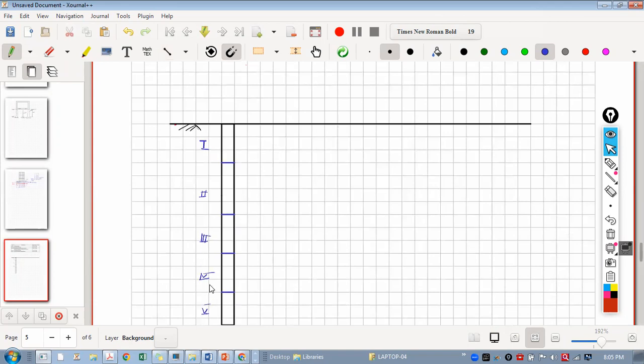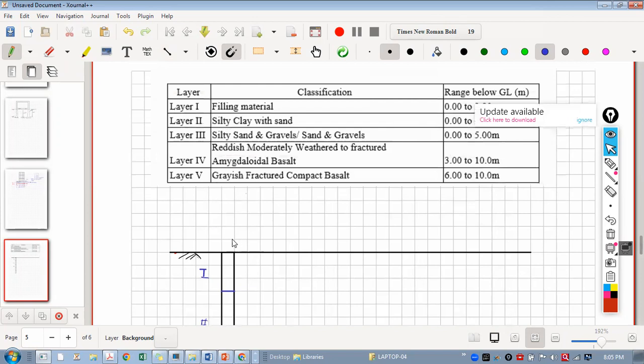The first layer, see, we are starting from the ground and going down. The first layer will be filling material. As I told you, whatever soil is here within this line is filling material. So this is your 0 level, and 0 to 3 meters is filling material, soft soil we can say.